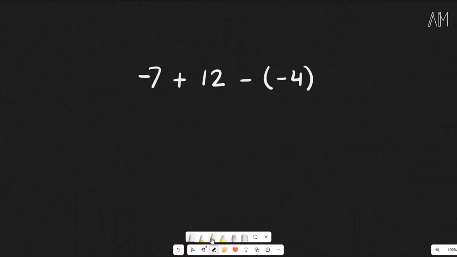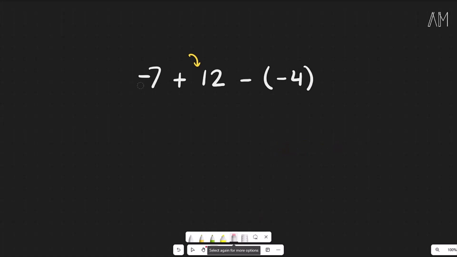Let's take the final example. In case here you face many integers or operations to be solved at the same time, you don't have to panic. All you have to do is to do them one by one. So let's get started with these two. We have here addition. Negative 7 plus 12, we don't have the same sign, so I will subtract them. 12 minus 7, that's 5. And since 12 is the greatest number, the answer will become positive 5.